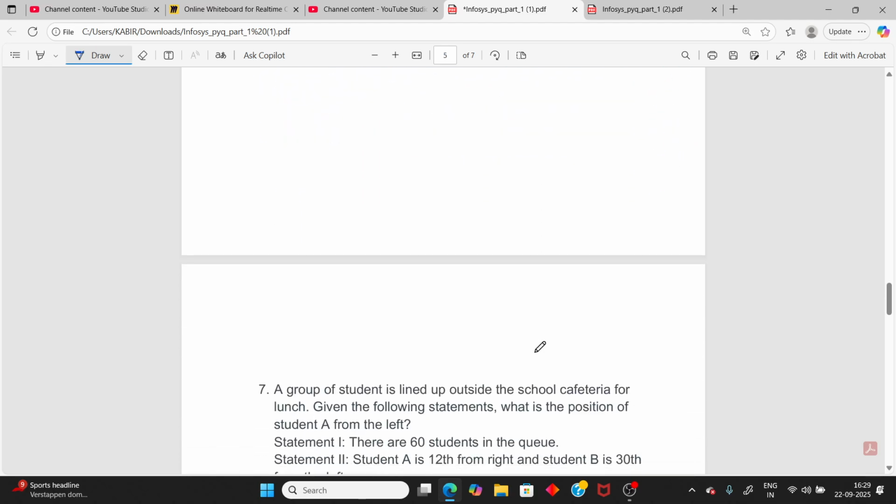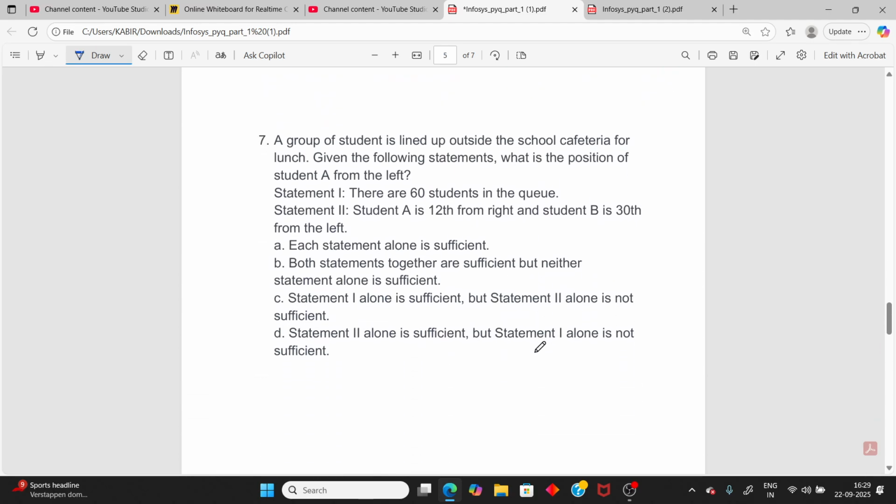Moving to the next question. Now, the same type of question. A group of students line up outside the school cafeteria for lunch. Okay, given the following statements, what is the position of student A from the left? There are 60 students. If you only tell the total of 60 students, you cannot find any position.